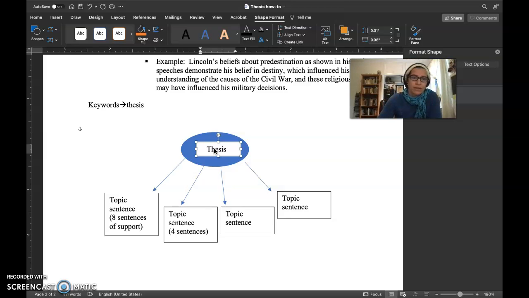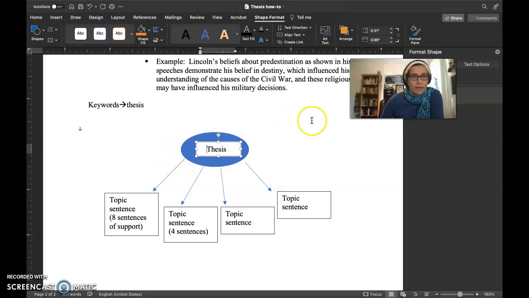Oftentimes, if you're not supporting it enough, then people who already agreed with you, sure, will agree with you. But you're not going to persuade someone who maybe from the beginning had the opposite viewpoint than you. They didn't agree with you, and thus your paper, because it doesn't have enough support, enough evidence, didn't change the reader's mind. And so then you haven't succeeded in what you were trying to set out to do.